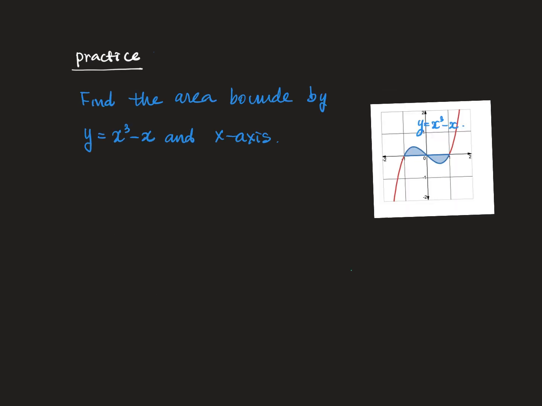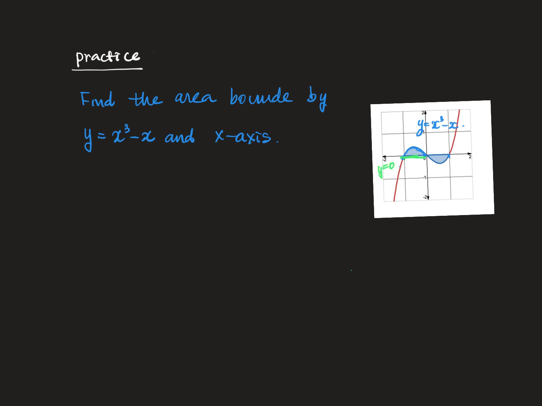The next practice question is between two curves that have an intersection. Here is negative 1, here is 0, here is 1. From negative 1 to 0, this one is the upper curve, y equals x cubed minus x. The bottom curve is y equals x, okay?